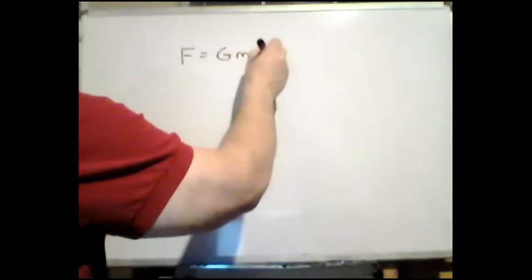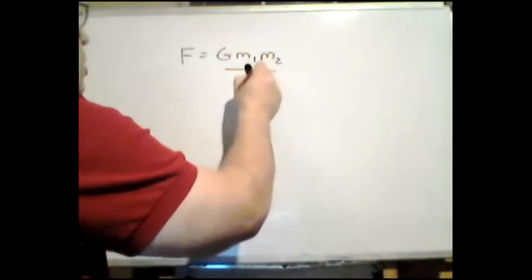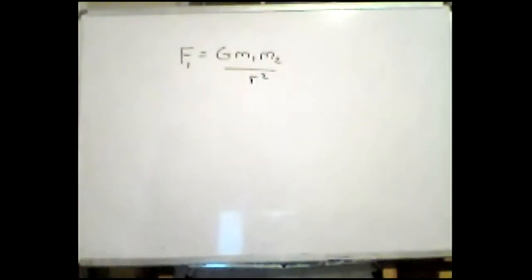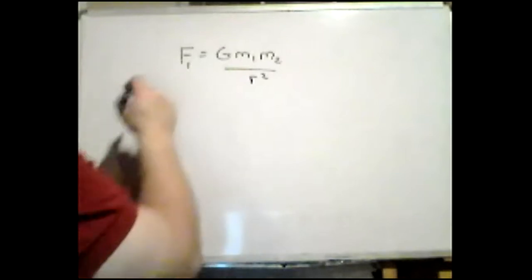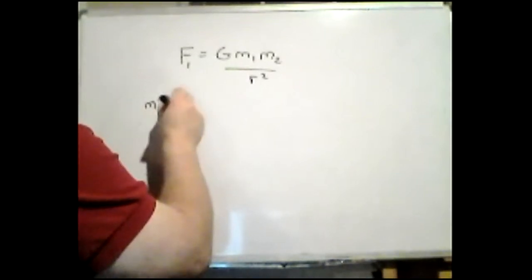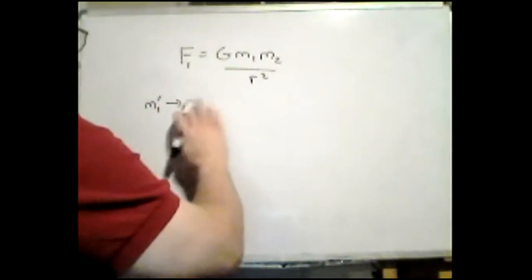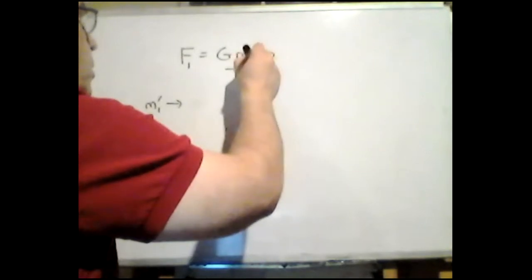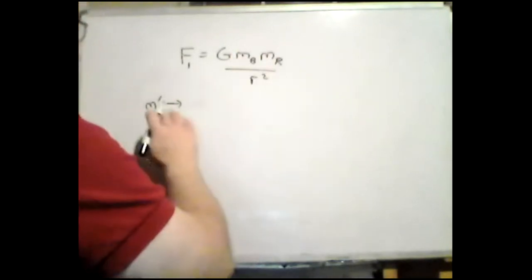Force is G M1 M2 over R squared. But again, I want to actually say that's F1, the original. What I'm going to do is double the blue mass and triple the red mass.